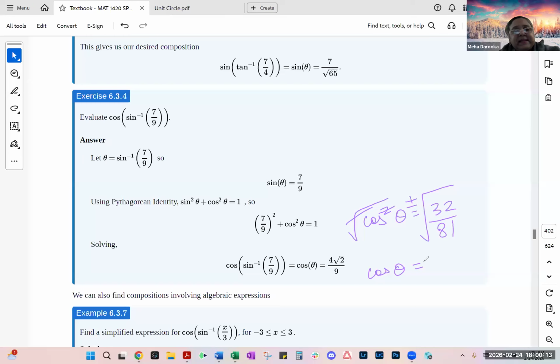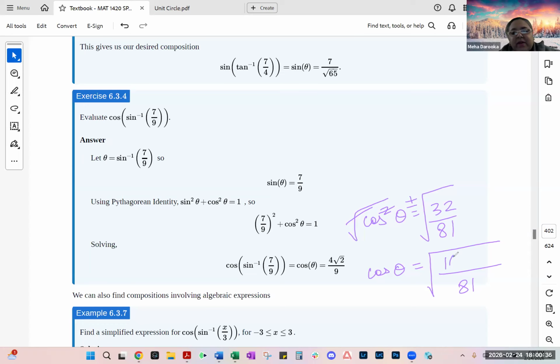Now, you will see that this is not a perfect square, right? The number on the top, the 32, which means you have to simplify your radical. Now, 81 is a perfect square for 9, so that guy will actually simplify. But from 32, we need to see what perfect square we can bring out.